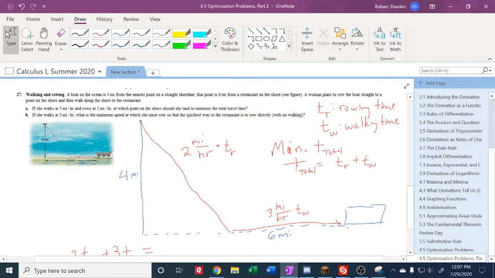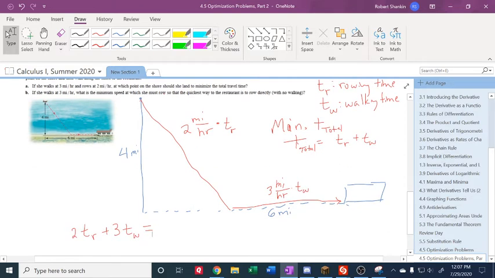Now they don't add up to 6. What do they add up to? What do we do for a constraint equation right here? Anybody have any ideas? I'm kind of like, I got stuck here.